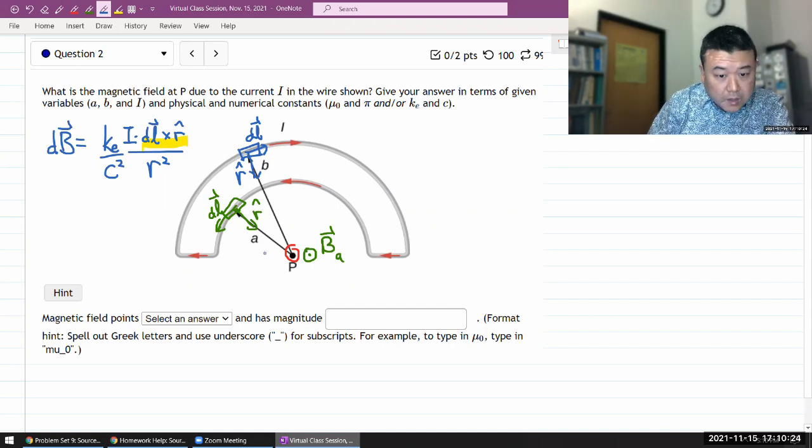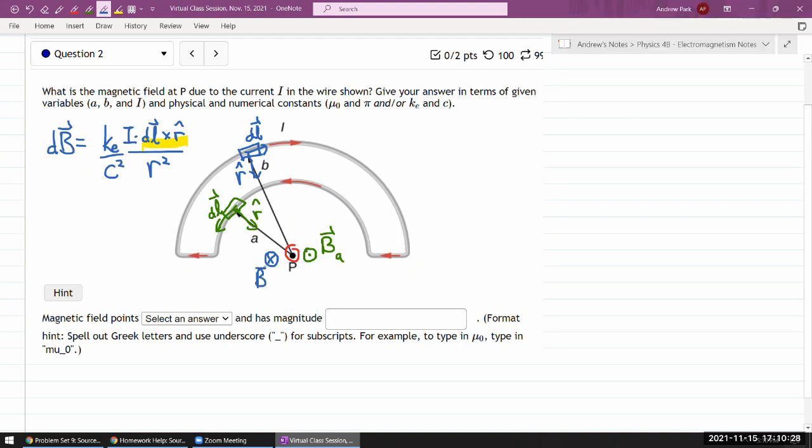So you have these two competing contributions: magnetic field from the inner loop of radius A and magnetic field from the outer loop of radius B. And this is where some sense of intuition is useful, intuition that comes from the fact that magnetism is an inverse square law.